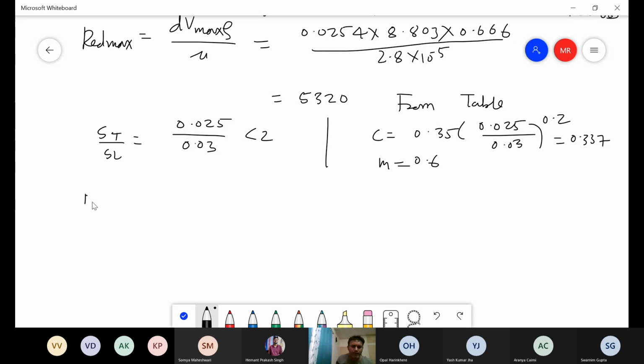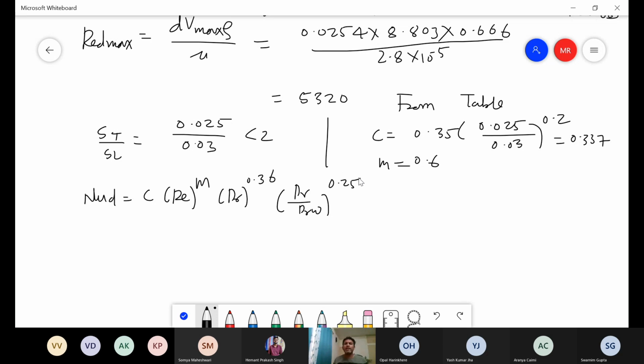Nusselt number NuD is C Re raised to the power M, Prandtl number raised to the power 0.36, and one more thing is there, that is Pr by Pr_w raised to the power 0.25. Okay, this is what the correlation is.